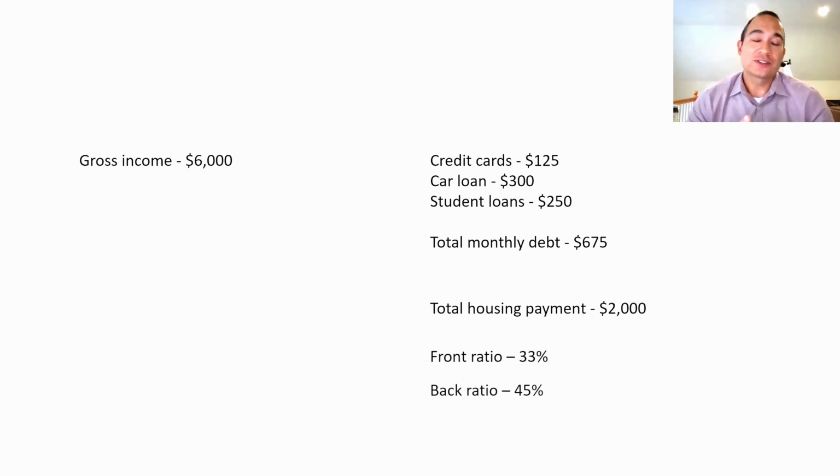And so what we're doing here, especially with the back ratio, is assuming that the 55% that's left over is going to go towards taxes, 401k contributions, and any of the expenses that come with home ownership. It really is important for home buyers to look at their total budget and then start to look at the additional costs that come with home ownership.